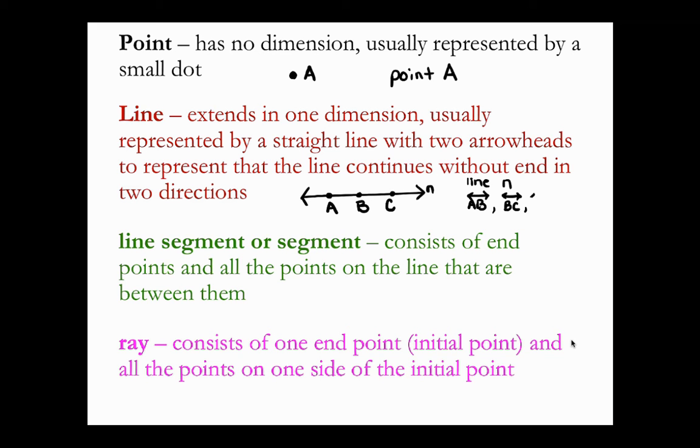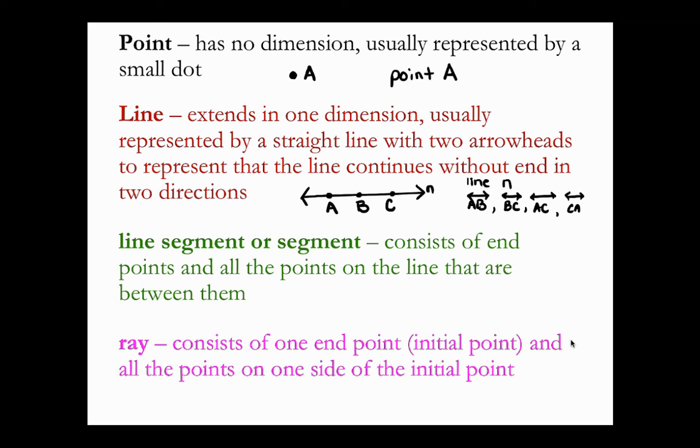We could call this line AC. And you don't necessarily have to go from left to right. You can turn it around and go the other way and call it line CA, CB, and BA. So you can use any 2 points, never more, never less, any 2 points, and then put that line symbol over the top.